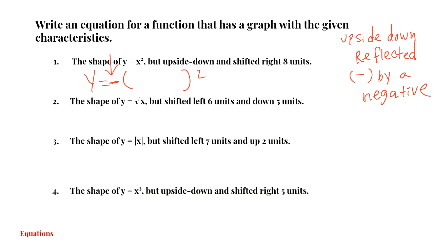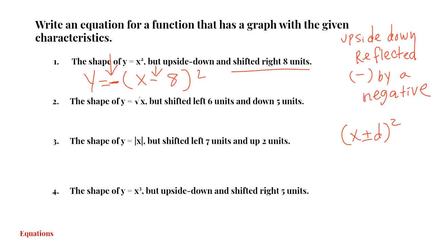Then it says that it's shifted right, so we know that anything inside of our grouping symbol goes left or right. If it's right, it's always going to be minus a positive number. So it's x minus 8, and that's all the equation is for that one.